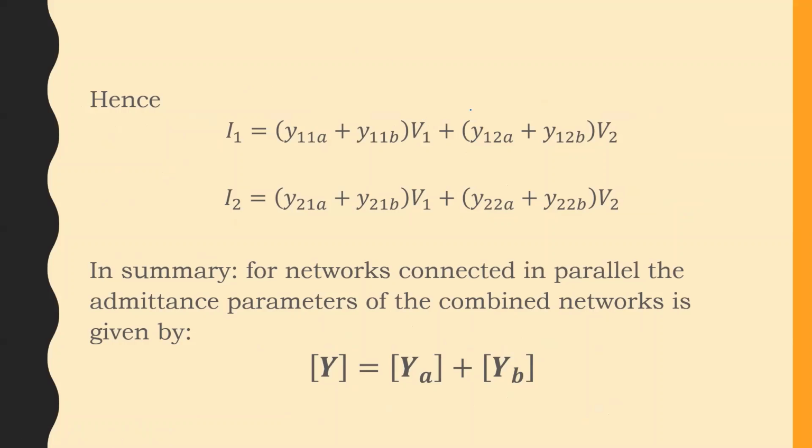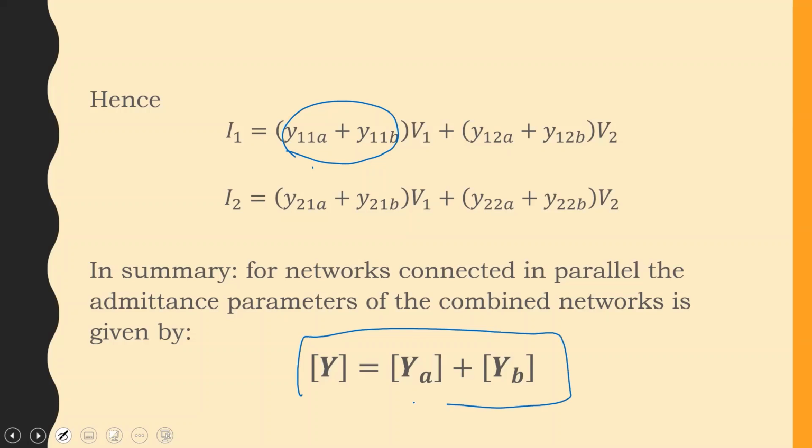Simplifying. I therefore have I1 equal to Y11A, Y11B times V1, etc. In summary, for networks that are in parallel, the overall admittance parameters will be given by YA plus YB.